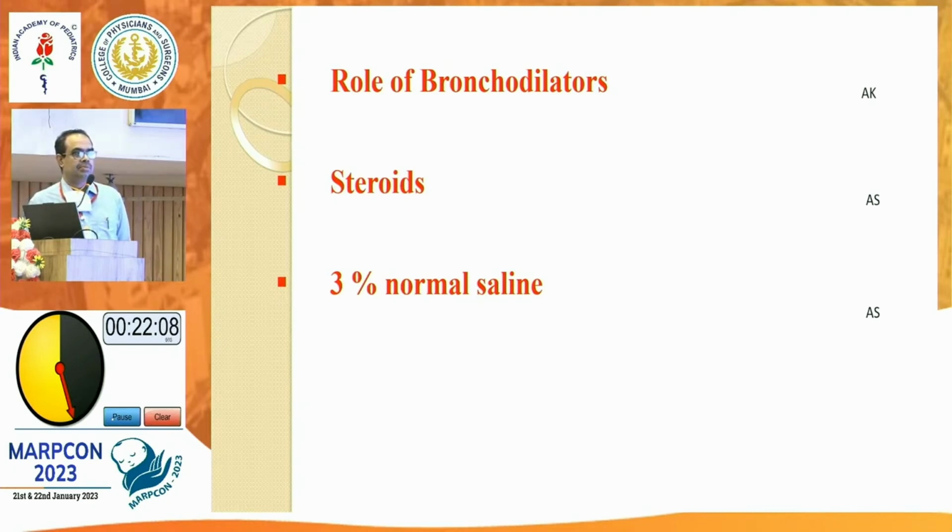And second, the clinical severity score in both outpatient and inpatient had a significant improvement with 3% normal saline. So I think there is no problem in going ahead with 3% normal saline, but its acute use, like 1 or 2 nebulizations, how much difference they can make in a case of bronchiolitis needs to be studied more because there is no sufficient evidence for that.